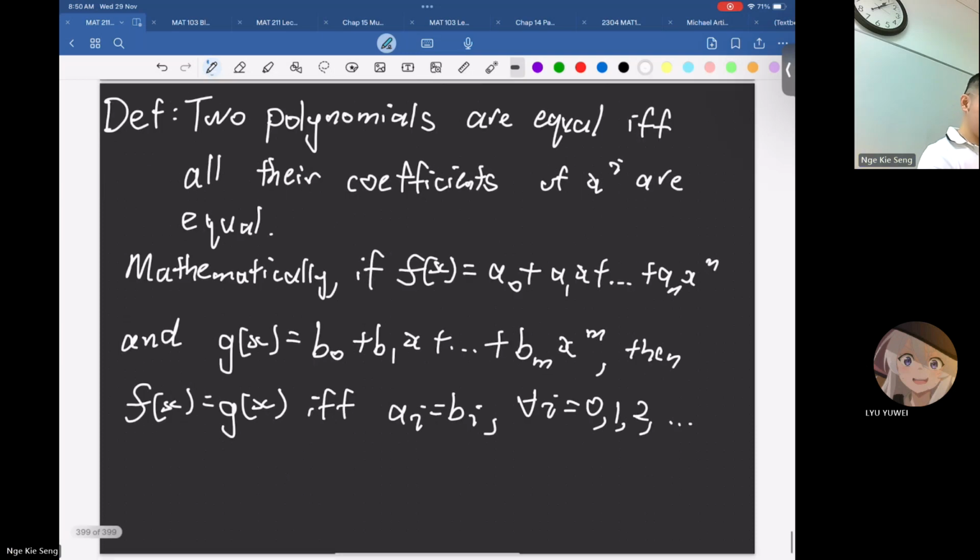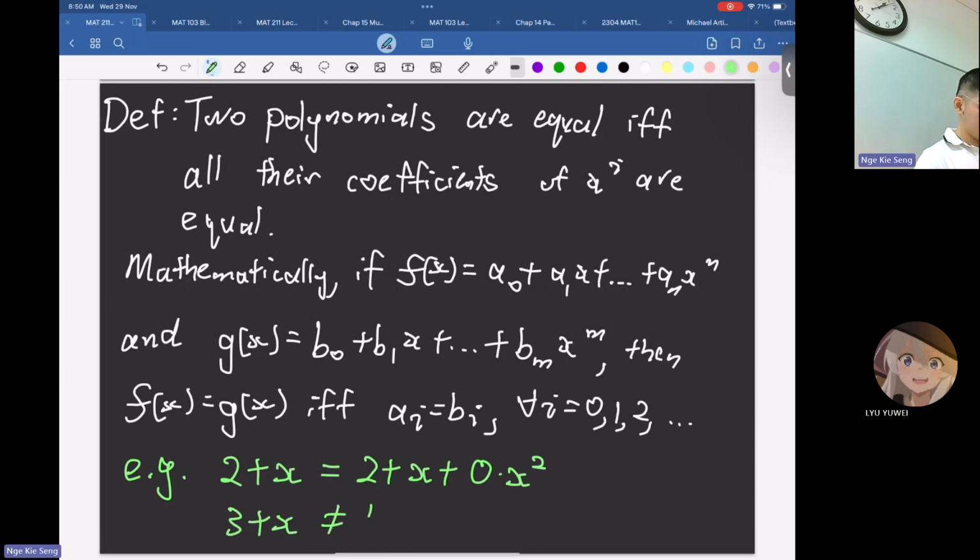So for example, 2 plus x equals 2 plus x plus 0 times x squared, and 3 plus x doesn't equal 4. Makes sense, right? Our definition here.